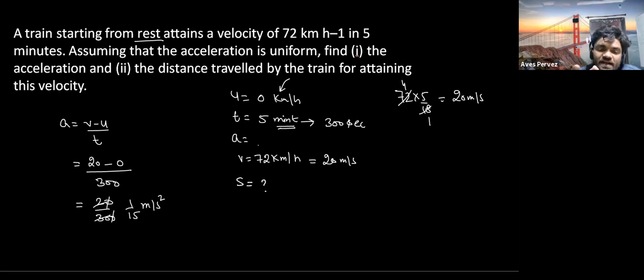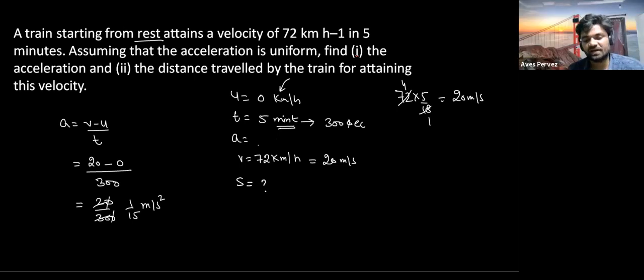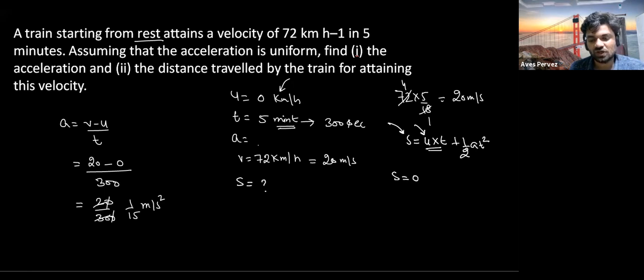You can use either of the remaining two, the second and third, both. It is better to use the second equation, because it directly gives you s, and u, the initial velocity, is 0, so the first product will be 0. So it is easier and more convenient to use s equals ut plus half at square. So s equals 0 into t, whatever the time, it will be 0.